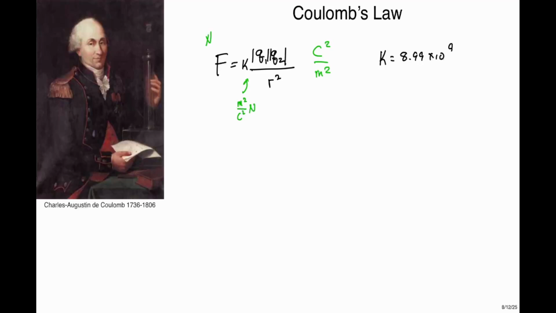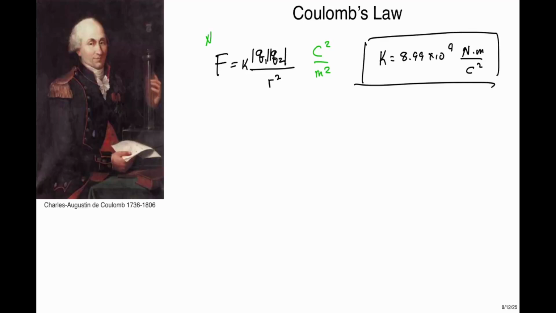If we rearrange some things and do some hocus pocus that you don't need to worry about, in the end, all that matters is that this constant is a Newton times a meter squared over a Coulomb squared. That should get us where we need to be for the force constant. That doesn't seem right. My notes seem wrong for a second. I need a meter squared. This needs to be a meter squared. There we go. All right.